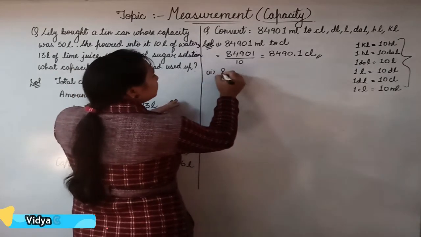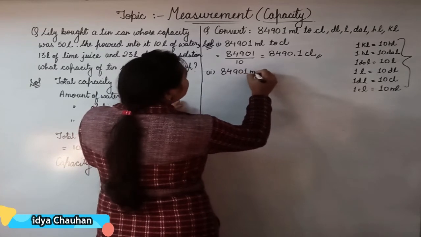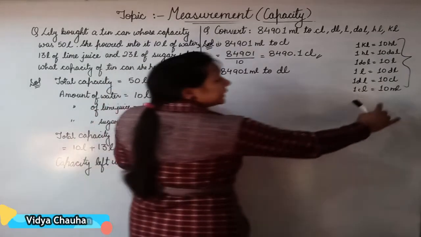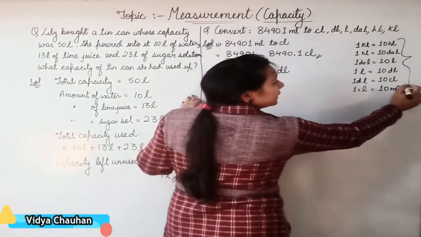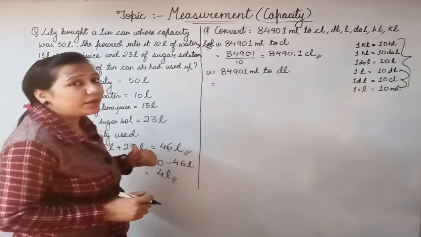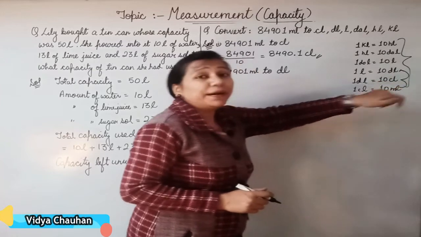In the second part, once again we have to convert 84901 milliliters to deciliter. So now it is milliliter to deciliter. That means 2 steps in the upward direction from smaller to bigger. 2 steps means dividing the term 2 times by 10.